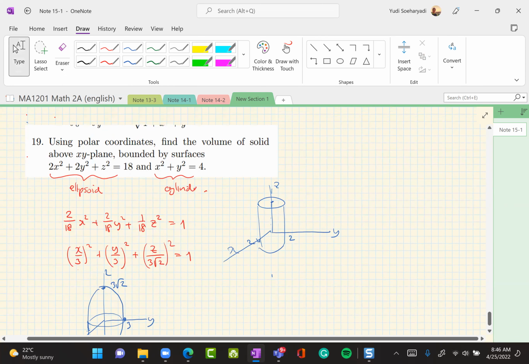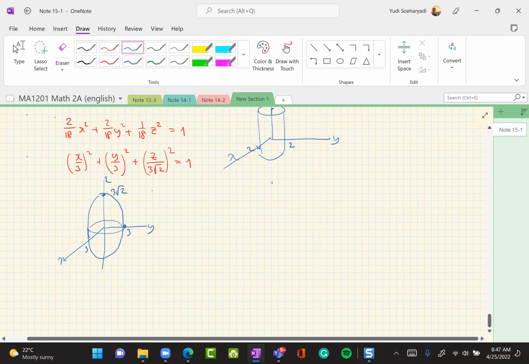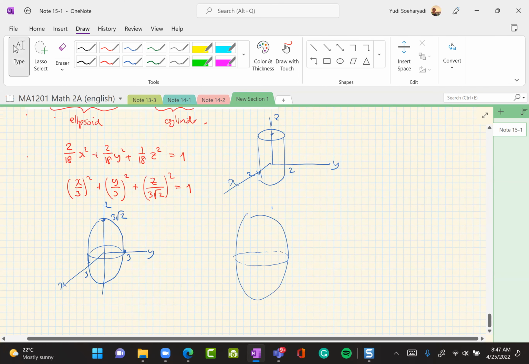So the solid is bounded by these surfaces. If we put them together, we have an ellipsoid, but the cylinder is inside.